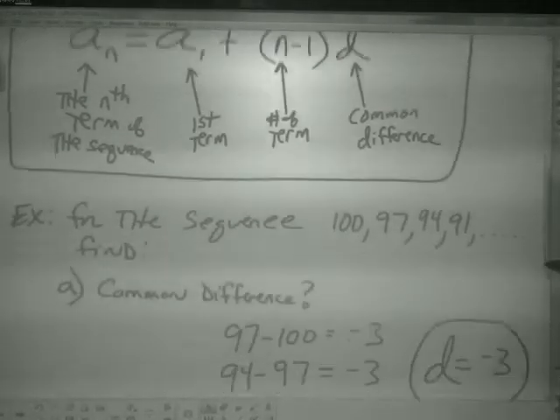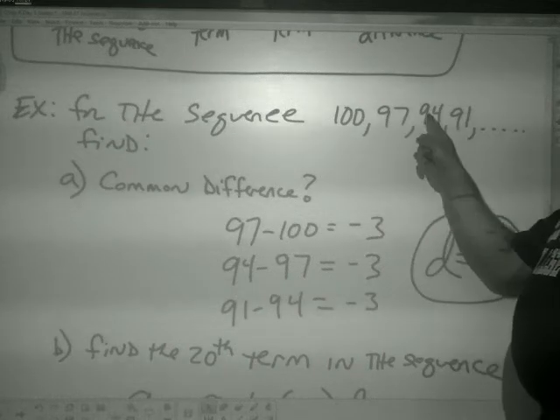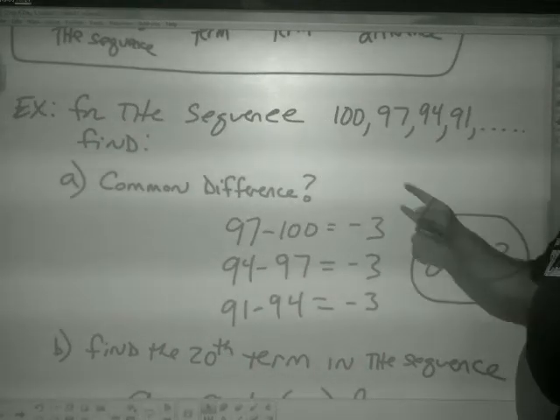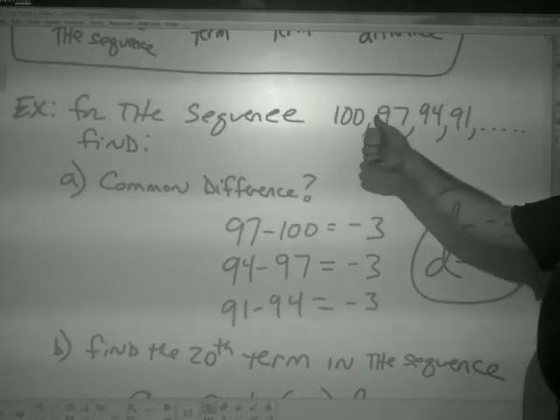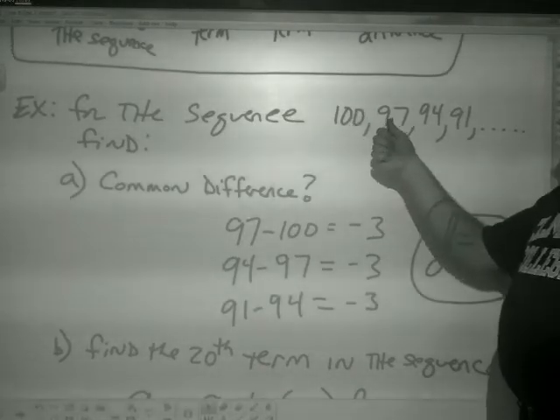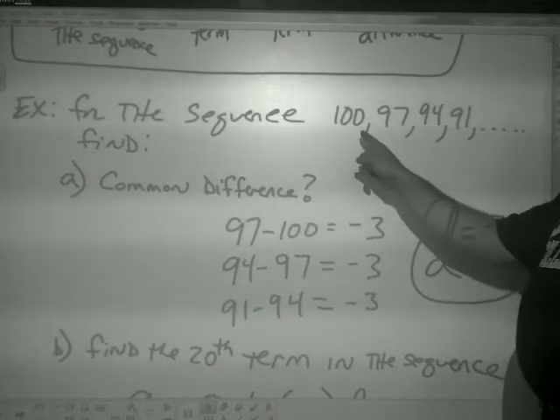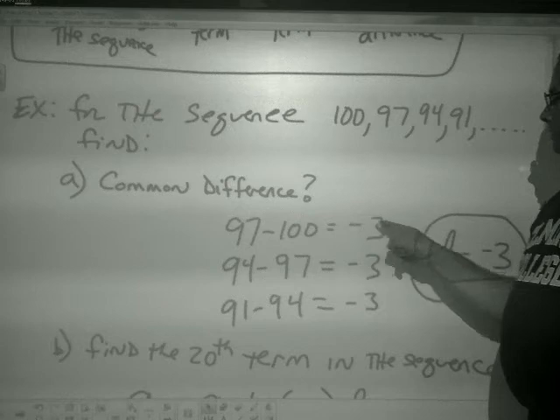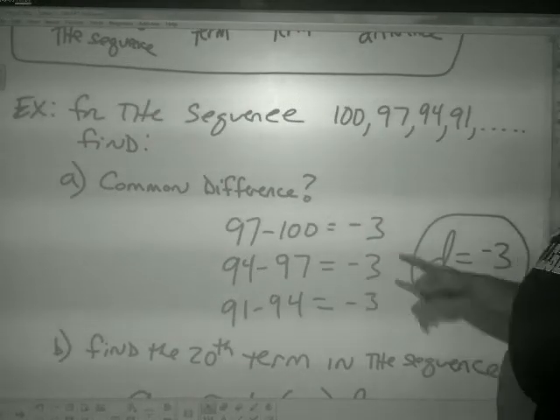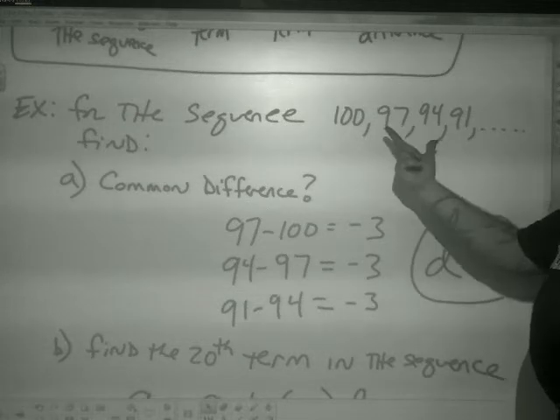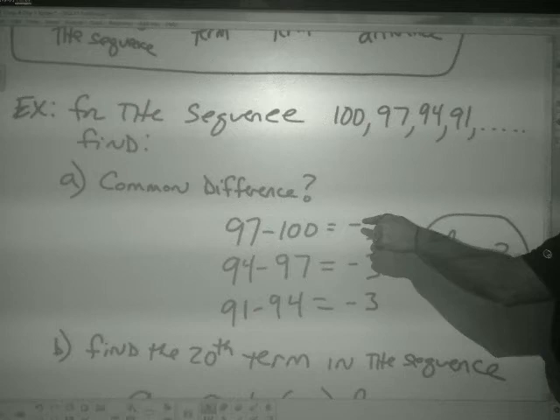For example, for the following sequence, 100, 97, 94, 91, and so on, find the common difference. Well, for the common difference, I'm going to take any number and subtract the number before it. So 97 minus 100, negative 3. 94 minus 97, negative 3. Someone might say, well, 100 minus 97, that's 3. Yeah, but in order to go down, the difference has to be negative.